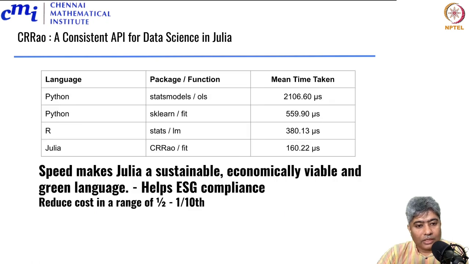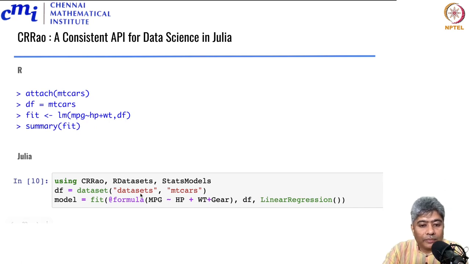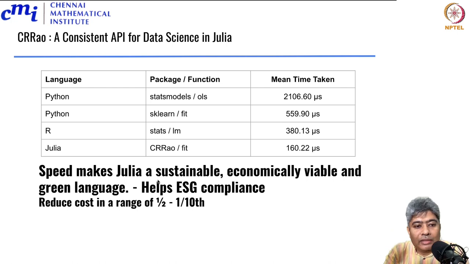That's it. And then what we did, we compared the exact same model, exact same implementation in Python, R, and Julia. And what we found, in Python sklearn, it took about 560 microseconds, milliseconds actually, and in R it took about 380 milliseconds, and in Julia it took about 160 milliseconds.